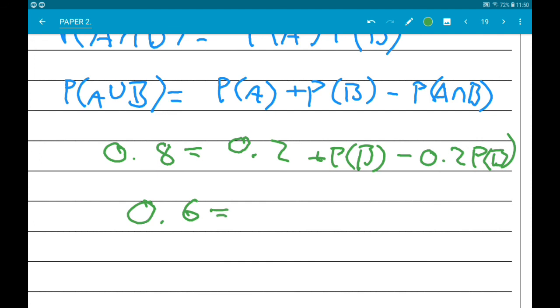Now on the right we have probability of B minus 0.2 times the probability of B. So we have 0.8 times the probability of B.